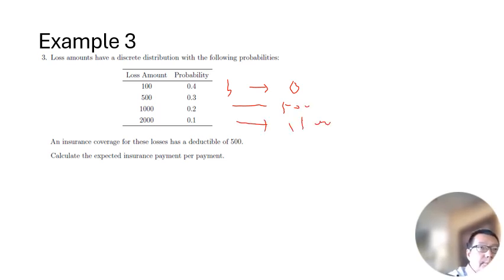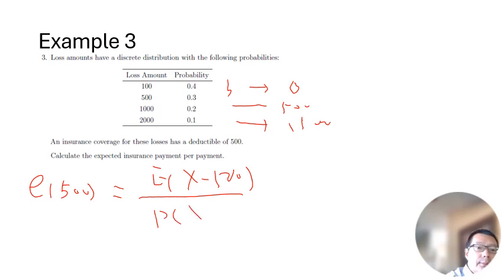Now, the expected value for this payment will be divided by the probability of X greater than 500.